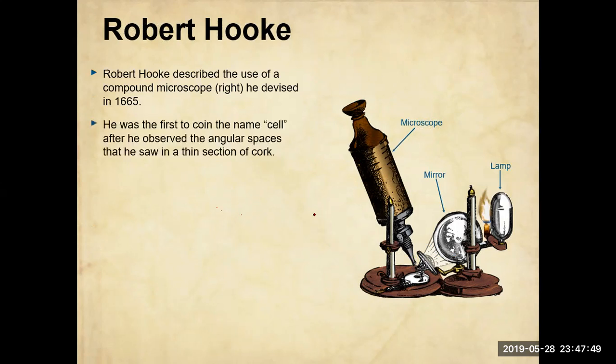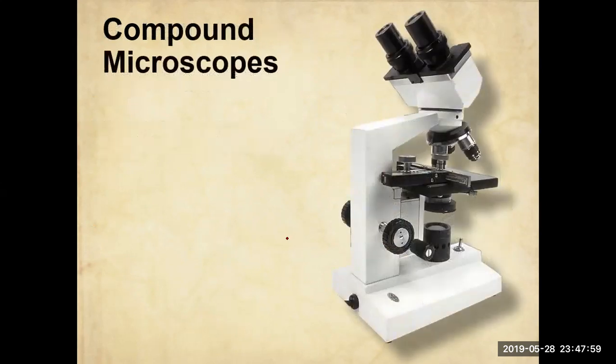He was the first to coin the name cell after he observed the angular spaces that he saw in a thin section of cork. And here is the compound microscope. We have exactly the same thing in our lab.